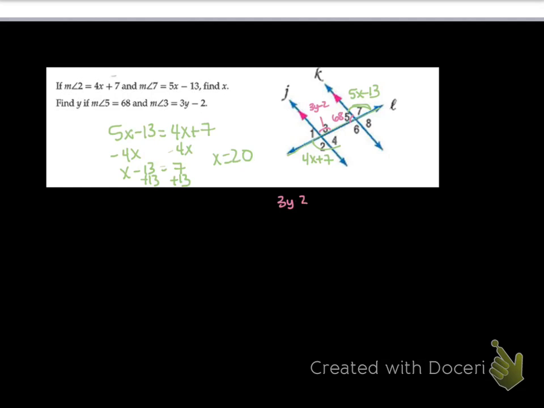So I add them, and I set it equal to 180. They're supplementary. Okay, so negative 2 plus 68 is 66. We're going to subtract that 66. Get 114. Divide by 3. We're going to get 38.